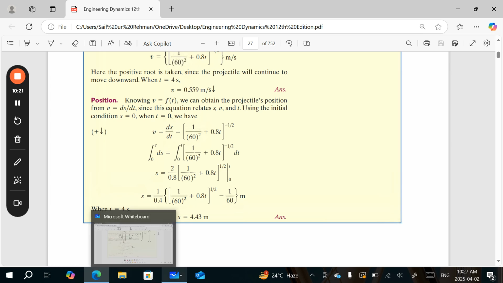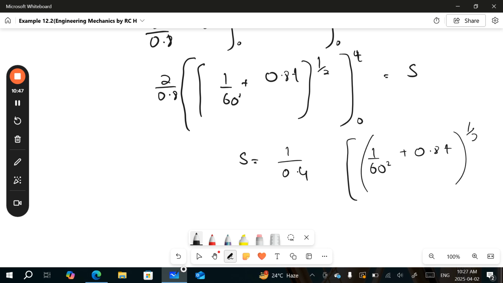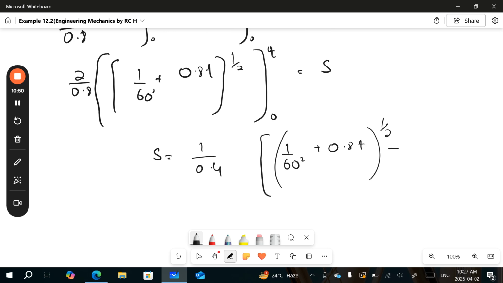You can solve this step by step, or we can also do this: 0.4 and 1 by 60 square plus 0.8 t, here we will put t, over 1 by 2 minus 1 by 60 square, from 0 to t.